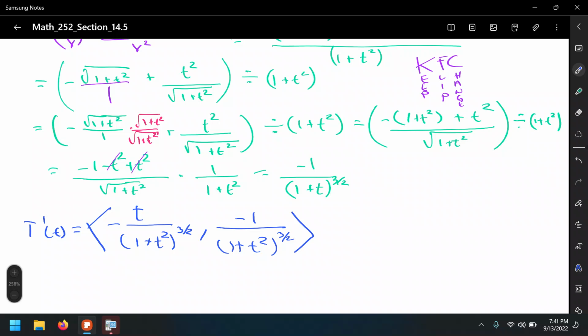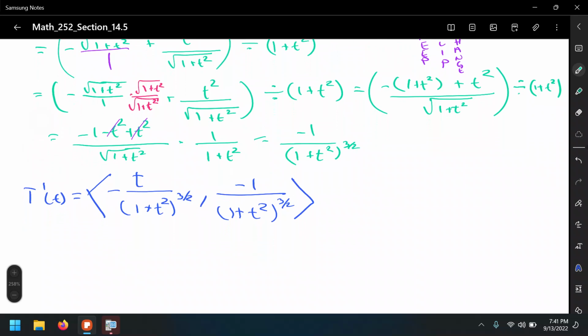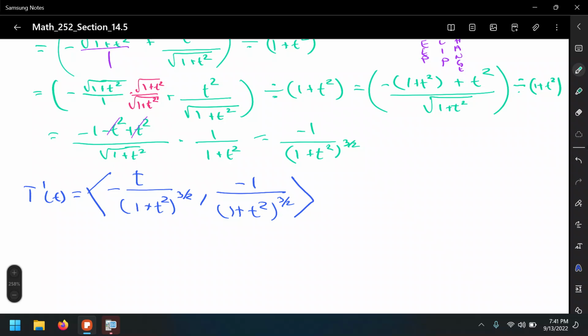So right above, it's negative 1 over 1 plus t squared. Yes. Let me do the whole thing again: t squared to the 3/2.